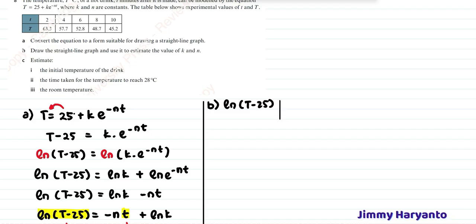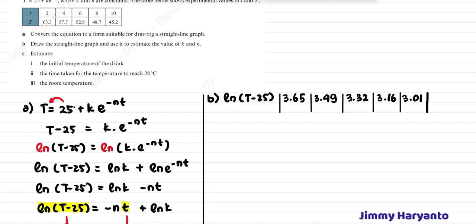For the first one, you will input 63.3 and then use your calculator to calculate that. For the second, you will input 57.7. For the third, it's 52.8. The fourth is 48.7, and the fifth will be 45.2. I will calculate this first.